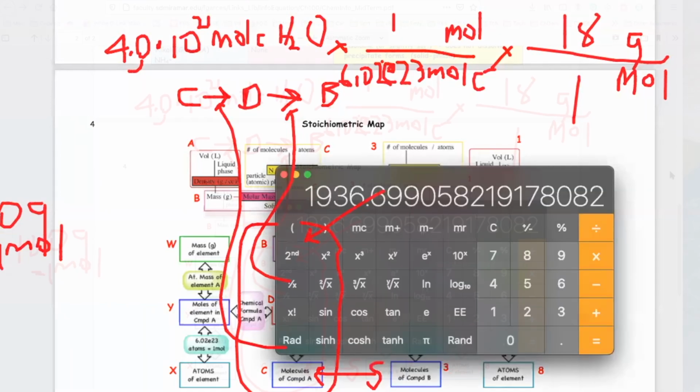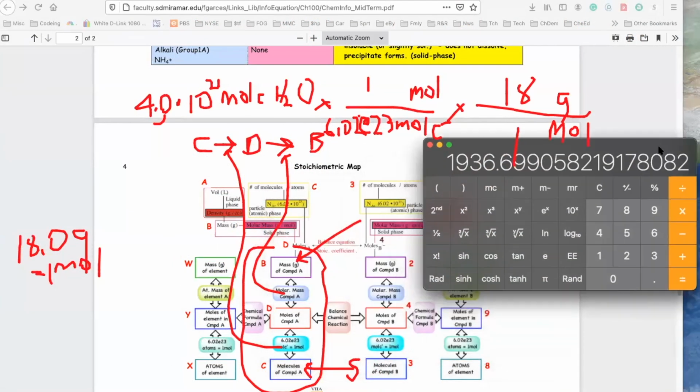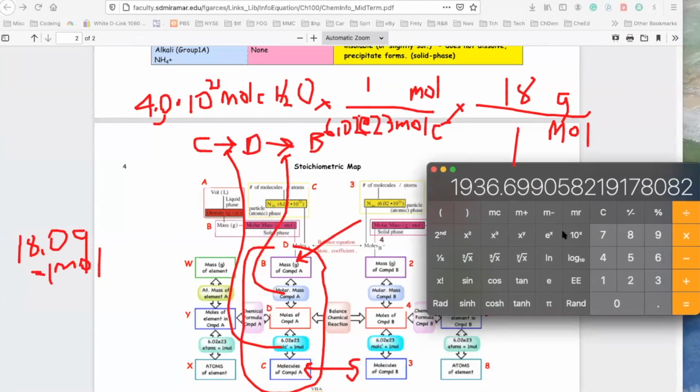Calculator here. You guys should see that. This is my scientific calculator mode. I'm going to put 4.0 because that's the question, times 10 to the 21st. Don't use this key because that's a function. It does the log base 10. Use this key right here, EE.